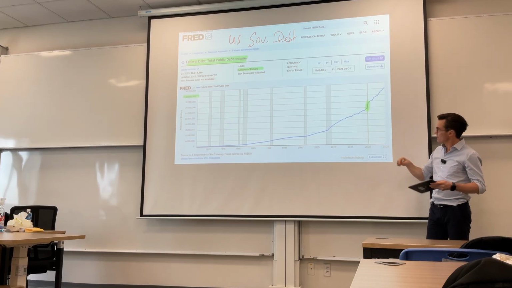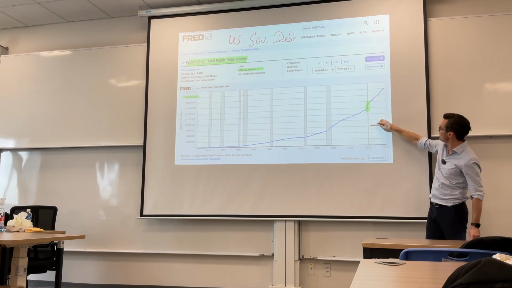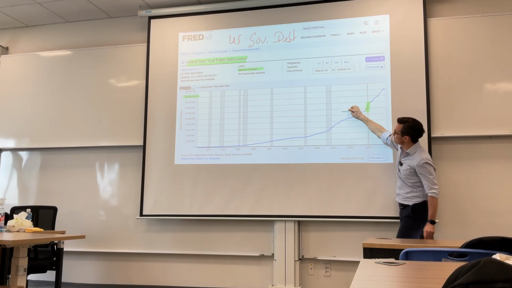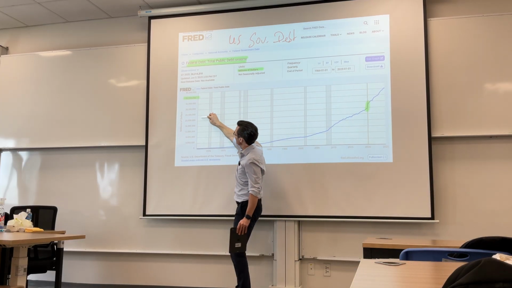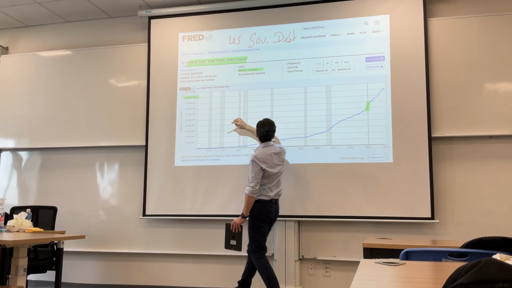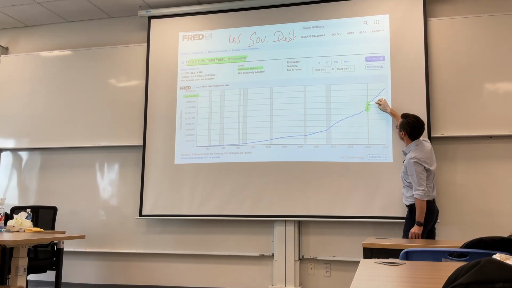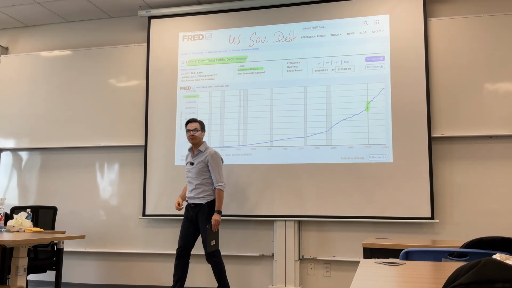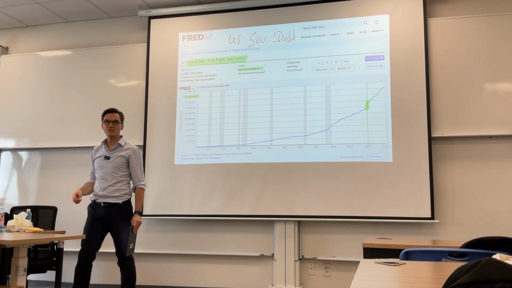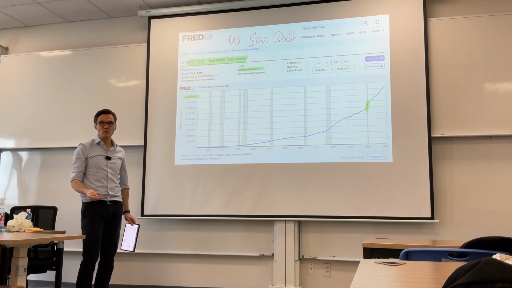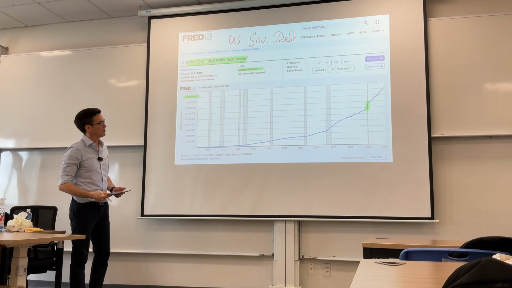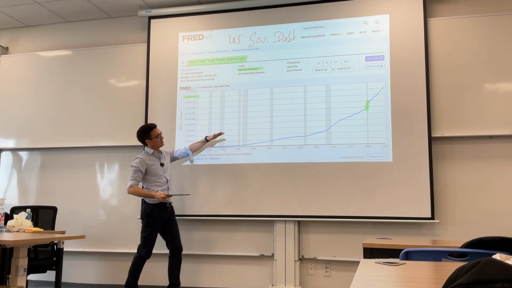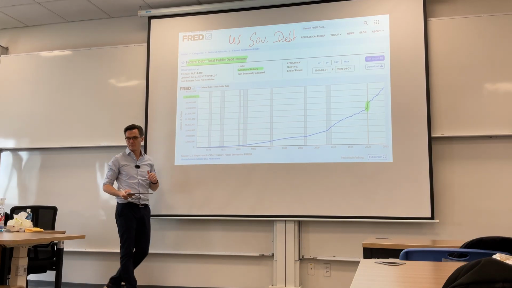In 2020, the US government debt went from 23 trillion to, within a couple of months, 26 trillion. So 3 trillion. That's almost the size of German GDP. That was the increase in government debt in the US. So you see that government debt keeps on rising in the United States.